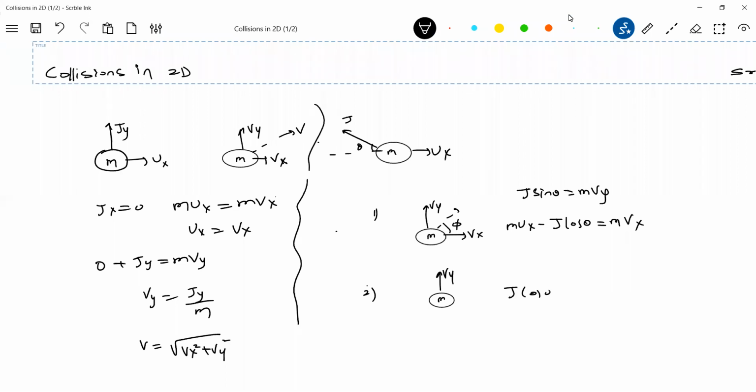So mux minus J cos theta equals 0, and along the y-axis, J sin theta equals mvy. If J cos theta equals mux, then the net momentum along the x-axis is 0, so the object can move only along the y-axis.